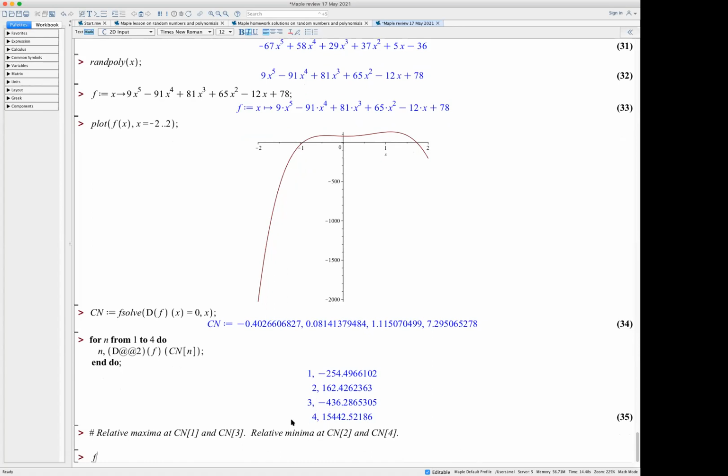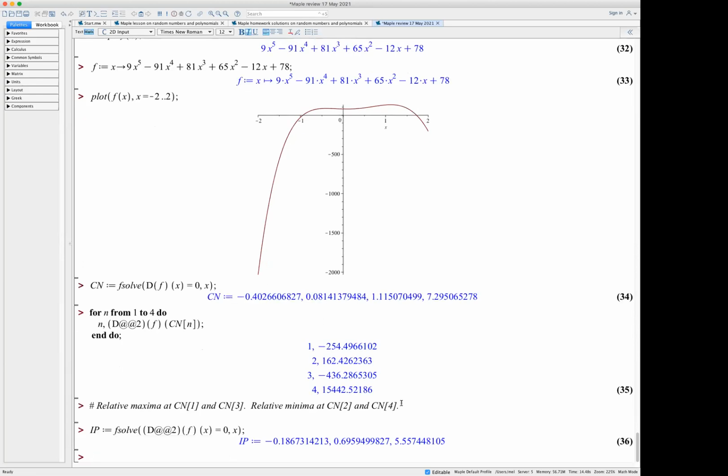So fsolve, so these will be inflection points, IP equals the second derivative of x equals 0, solve for x. And we get 3 inflection points, and I could look at the sign of the second derivative, but it's clear if you look at this picture.